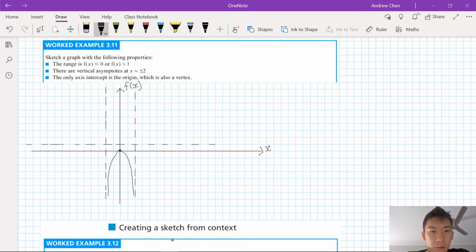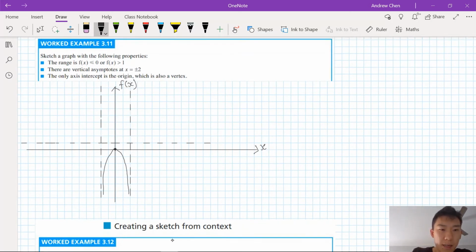The range, okay, vertical asymptotes at plus or minus 2. So we've got our asymptotes. Now, since this is a function, we can't have anything in this section either, in yellow there, because then it wouldn't pass the vertical line test. It wouldn't be a one-to-one or many-to-one function. If there was anything else in there, then it wouldn't be a function.